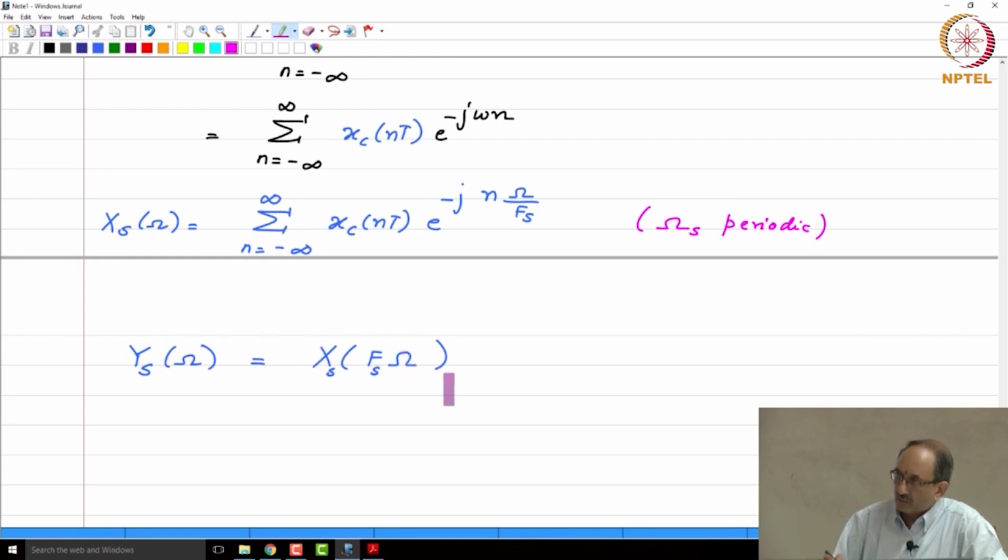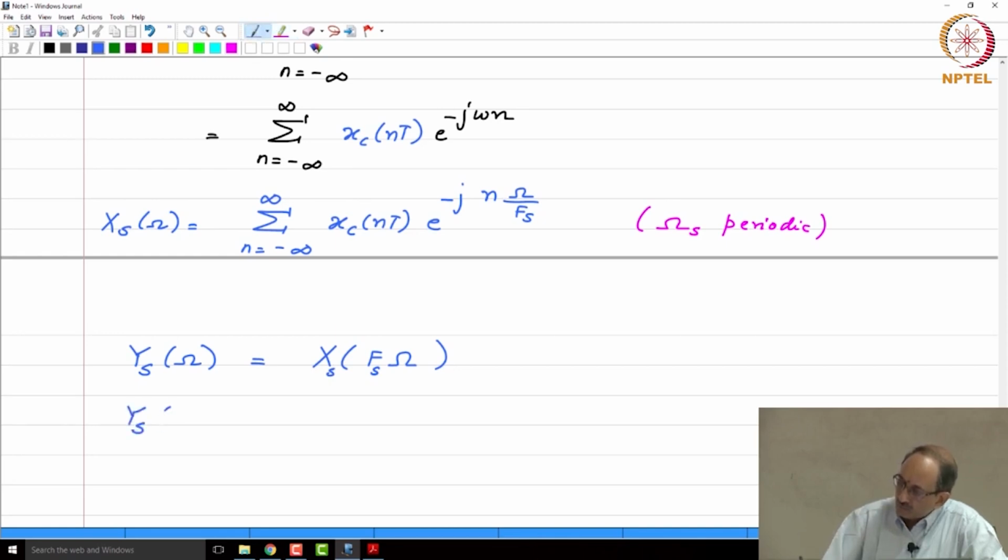And typically Fs is greater than 1. Therefore, one interpretation of this is Ys of omega is a compressed version of Xs of omega, right, because x of 2t is a compressed version by a factor of 2 of x of t, and hence to start to understand this, since typically Fs is greater than 1, you can think of Ys of omega as Xs of omega Fs. So, this is compression by a factor of Fs, that is what is happening here, all right.